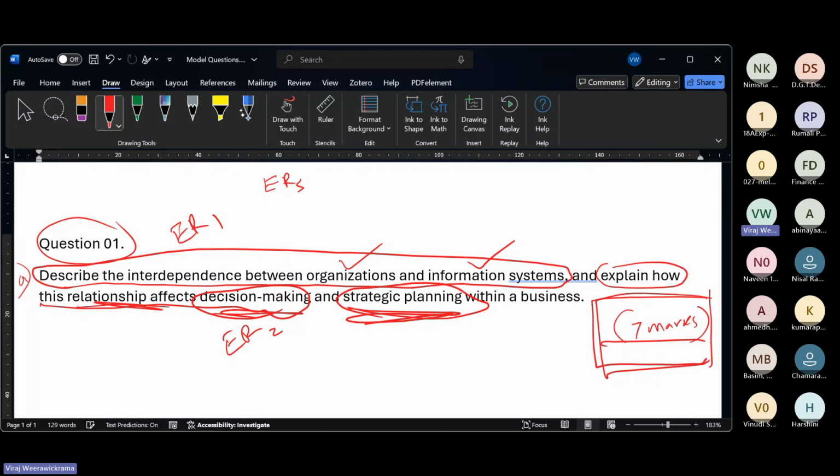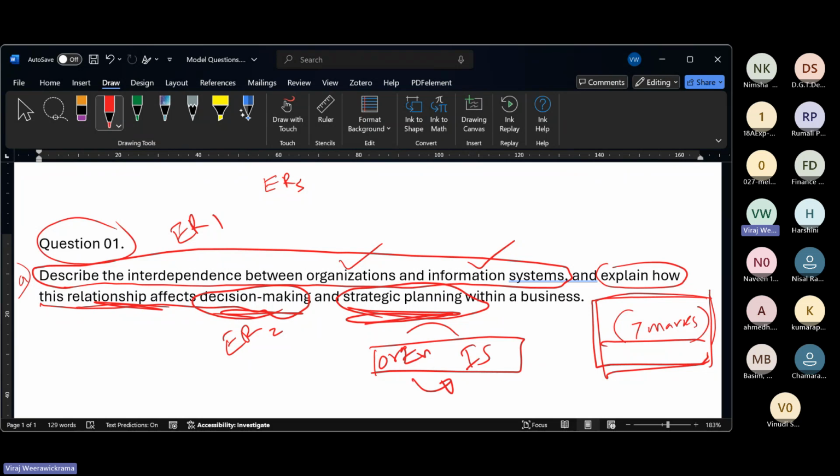Then you have to focus on the marks allocated. Now you can plan your answer. First of all, you have to write down the interdependence between organizations and information systems. You have to explain the interdependence between these 2 concepts.